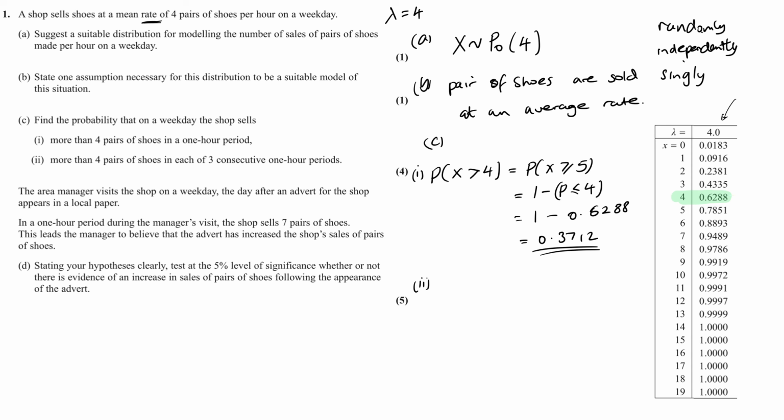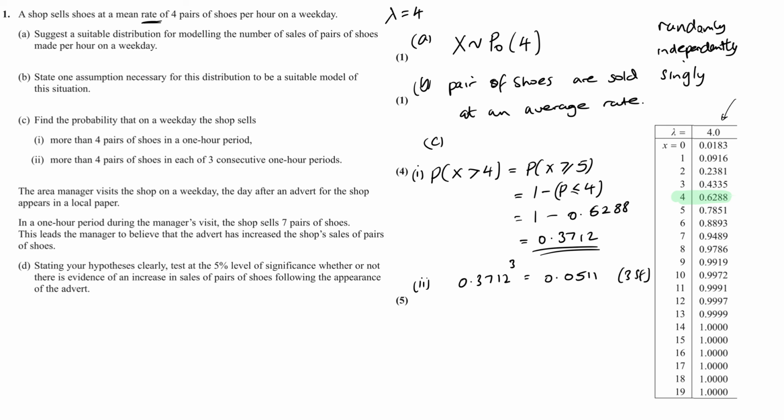So it's going to be 0.3712 cubed, because it's that probability times by itself times by itself. So 0.0511, to 3 significant figures.